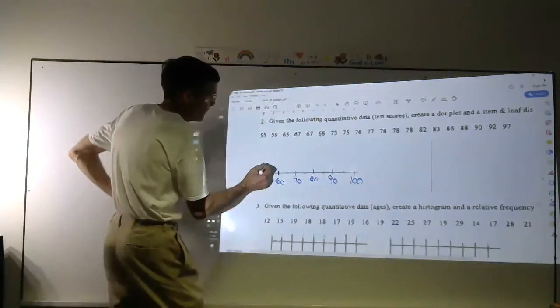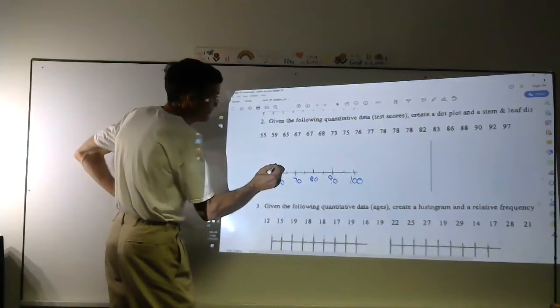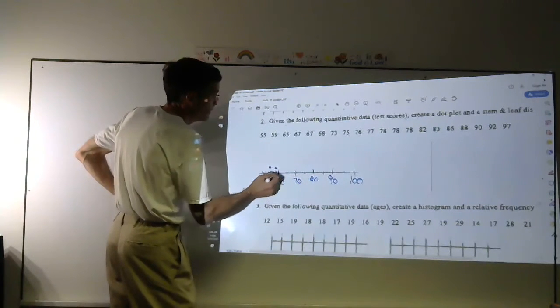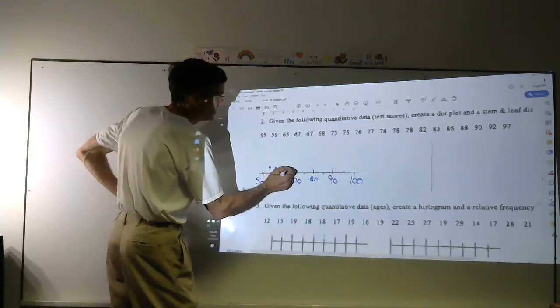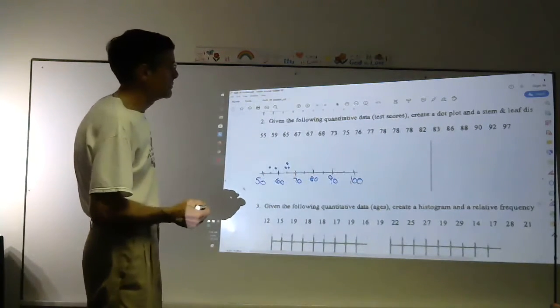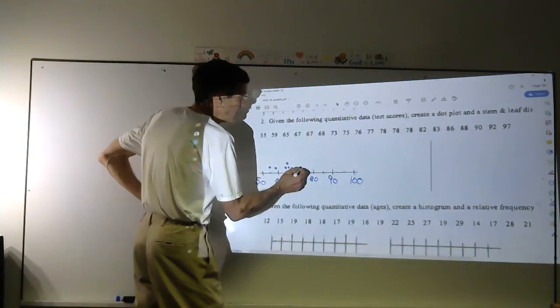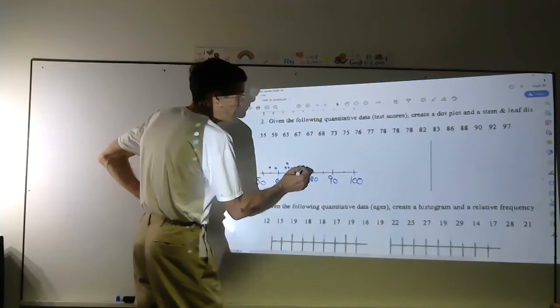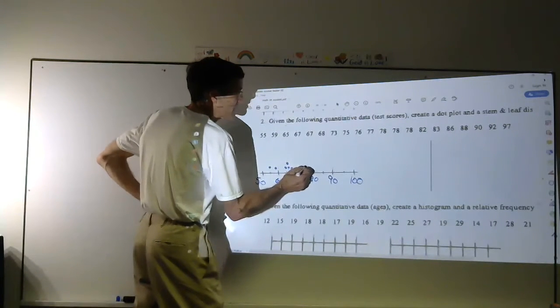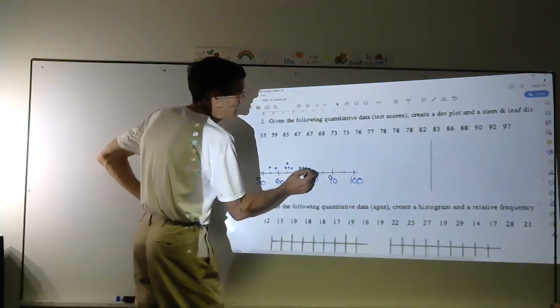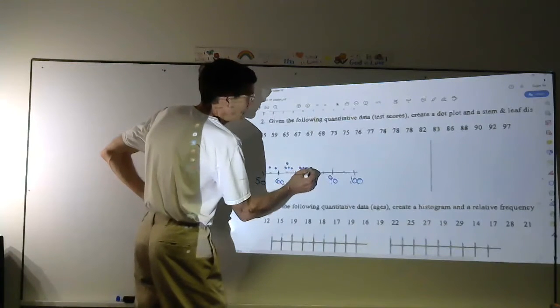All right, now you just make a dot plot, okay? Real easy. 55, dot, 59, dot, 65, 67, 67 because there's two of them, you put that one right on top of the other one. 68, 73, 75, 76, 77, 78, you have three of them.